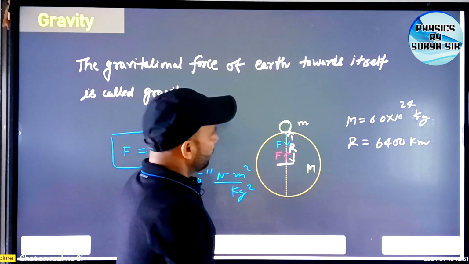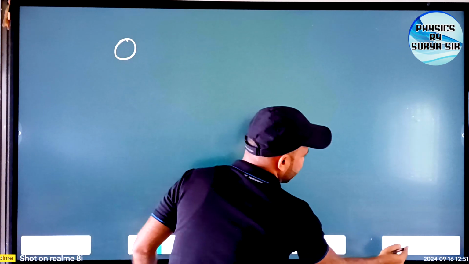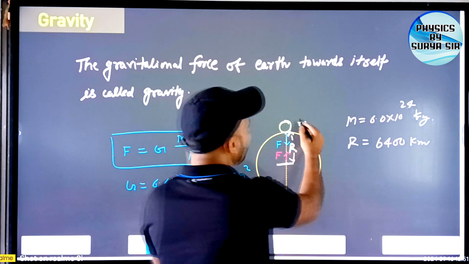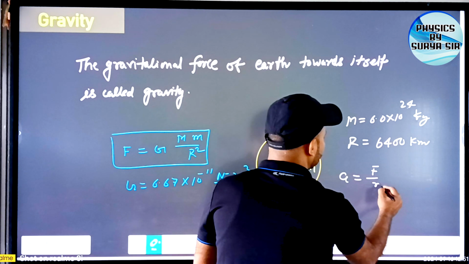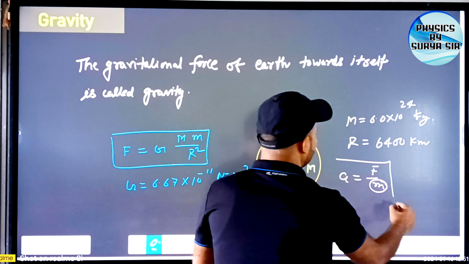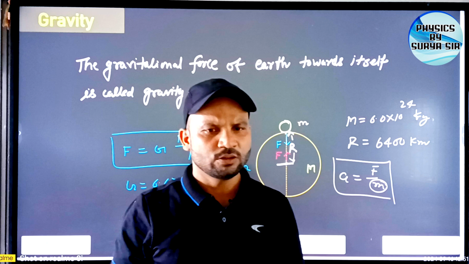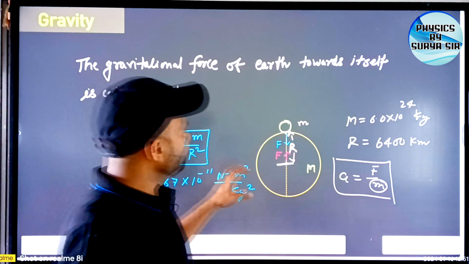What happens? Now using Newton's second law, this object will be accelerated, but the earth is not accelerated. Why? Because the object's mass is small. Acceleration a is equal to F by m, so since the mass is small, there will be acceleration and this object starts accelerating.